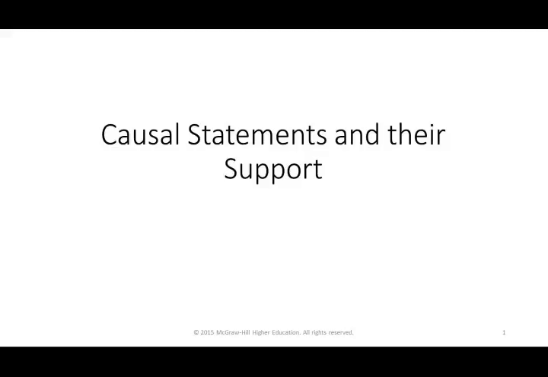So we're going to take a closer look at causal statements and how we support causal statements, because it's typically the way that we know that one thing causes another is that they go together somehow, right?